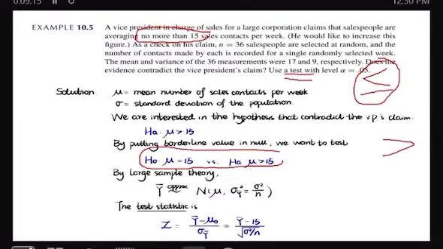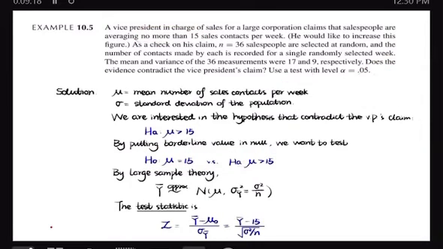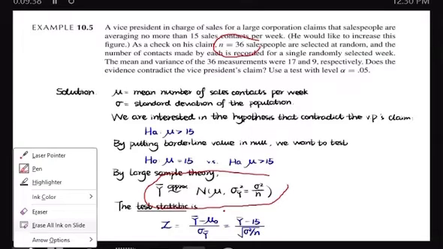What is the sample size here? We've got a sample size of 36. Because of that, I'm going to say that Y bar now will follow a normal distribution. And if that happens, I'm going to show you what my formula is going to be.